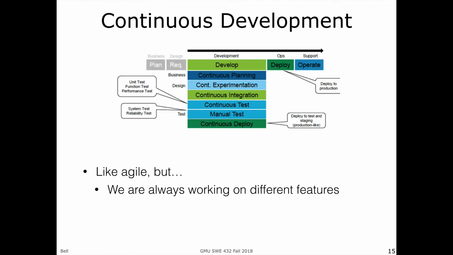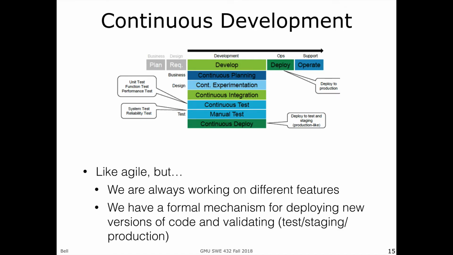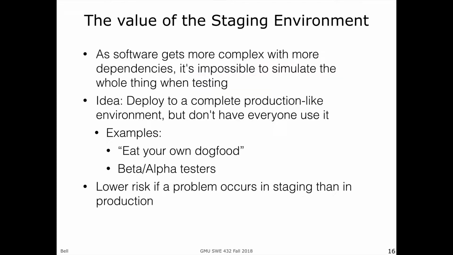But in continuous development, we might always have different teams working on different features, and then have some formal mechanism for deploying new versions of that code and validating them. We have production-like approaches so that we can try things out at a bigger scale than just testing them ourselves before we give them to all of the users. We call this a staging environment.